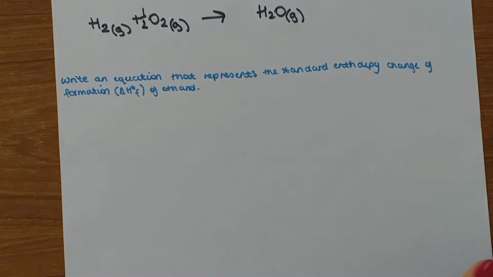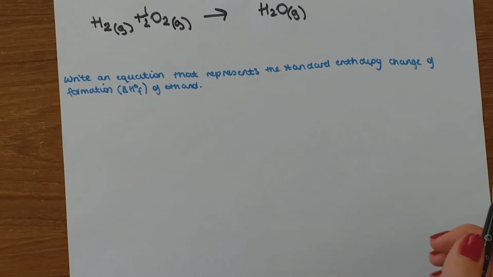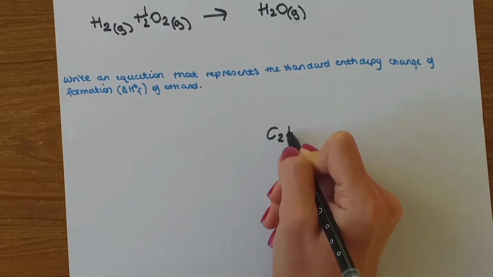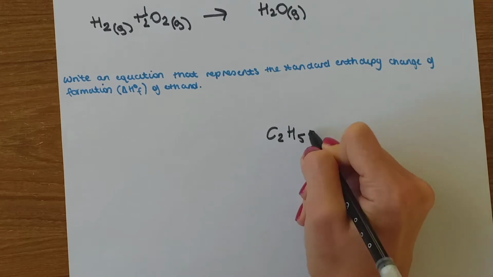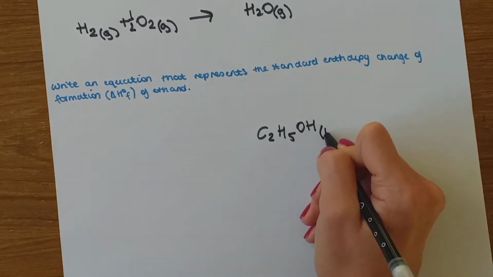And the last question that I've got for you is: write an equation that represents the standard enthalpy change of formation of ethanol. So, you know what ethanol is. It has 2 carbons, it has 5 hydrogens, and an OH. And this is a liquid.